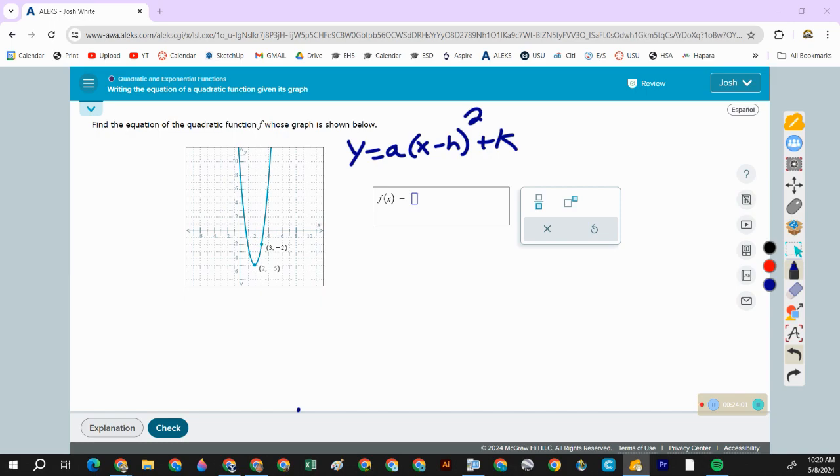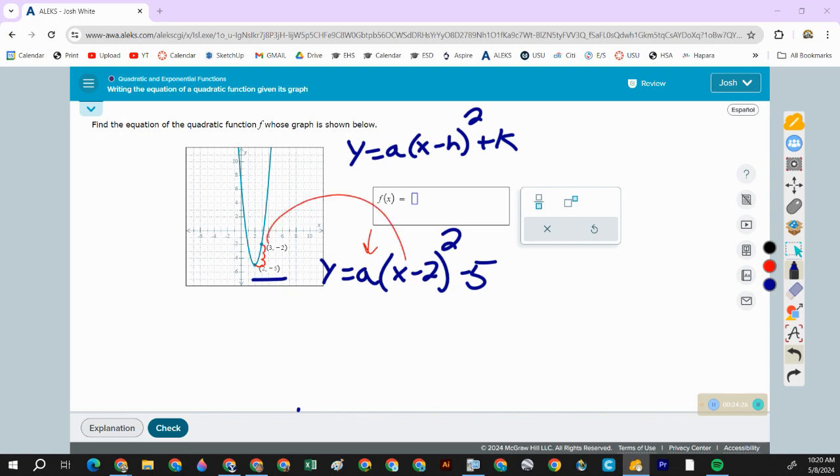Okay. So I'm going to plug in the vertex. Y equals a times x minus 2 squared minus 5. And this one I can actually tell is over 1, up 1, 2, 3. So I know that number's a 3. But just in case you don't know, let's solve it the other way.